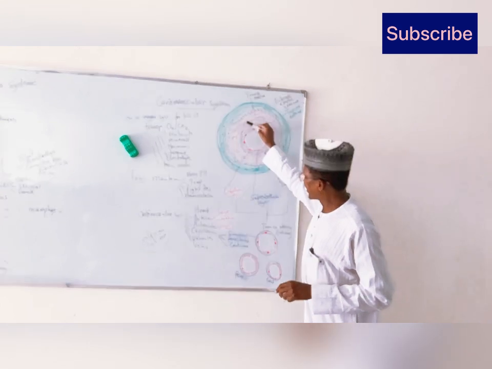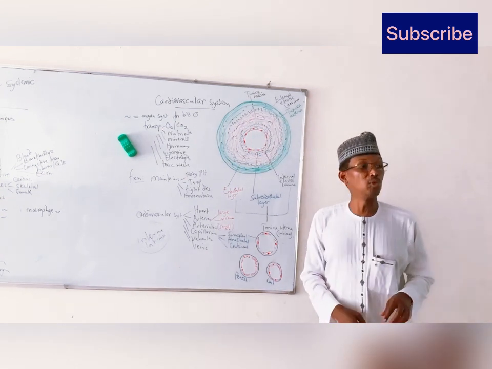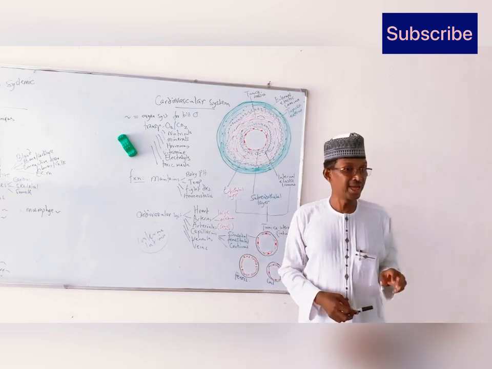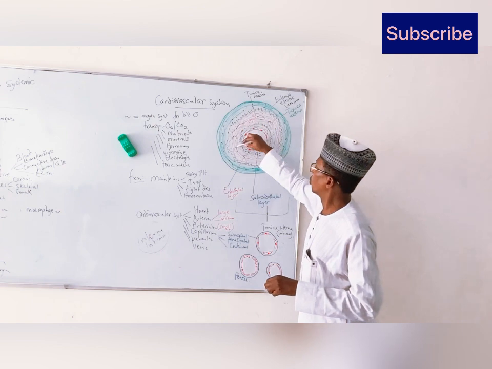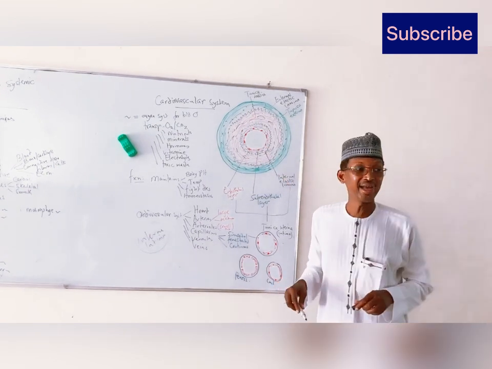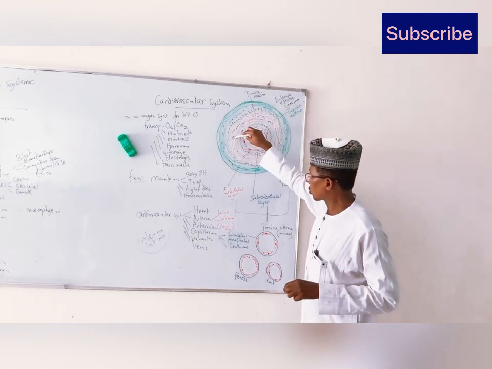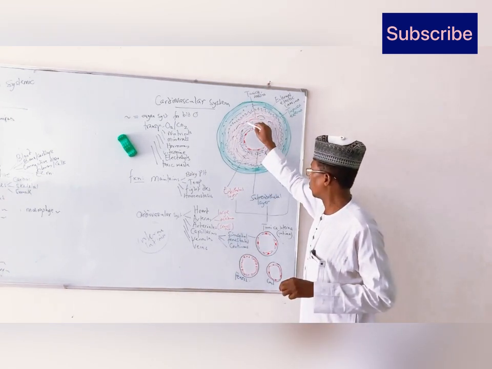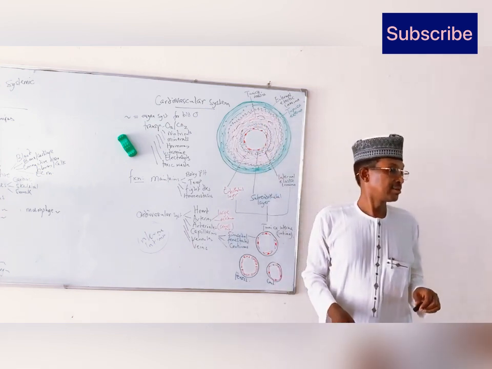Then the next layer surrounding an artery or a vein is what we call the smooth muscle layer. The smooth muscle layer is surrounding this tunica intima, and apart from this smooth muscle layer, we also have interspersed laminae of elastic fibers.